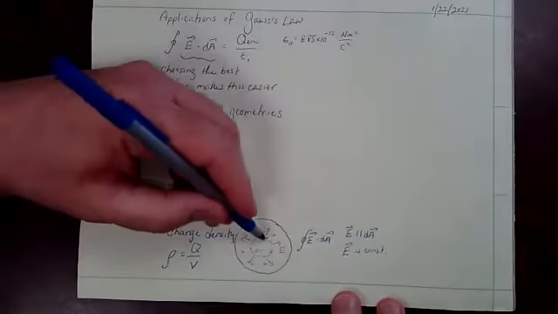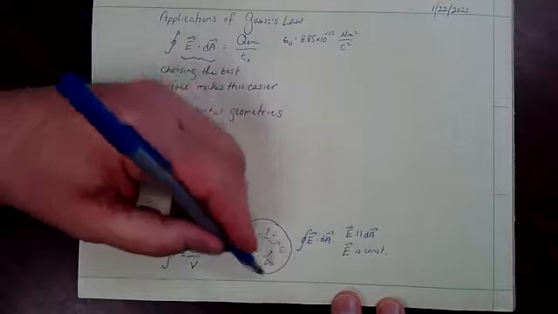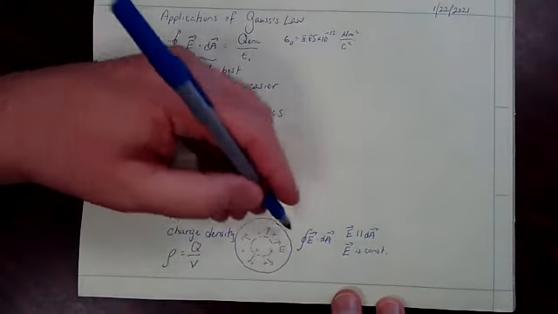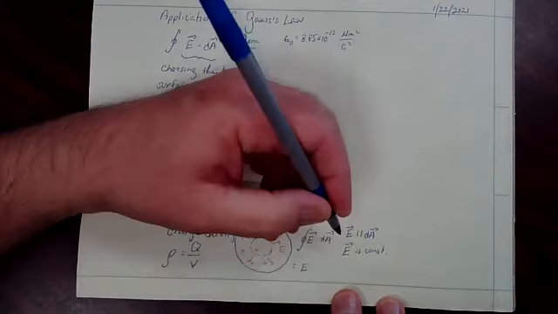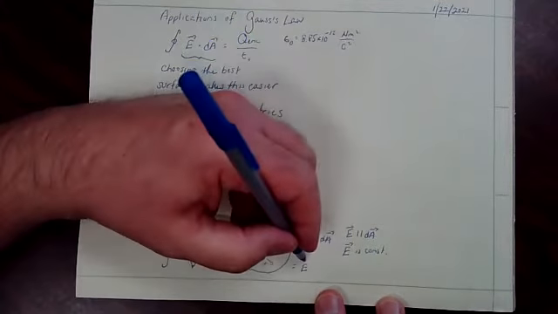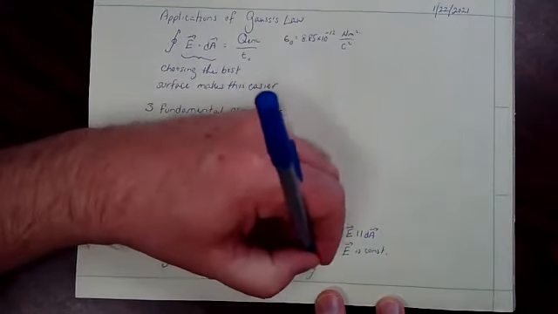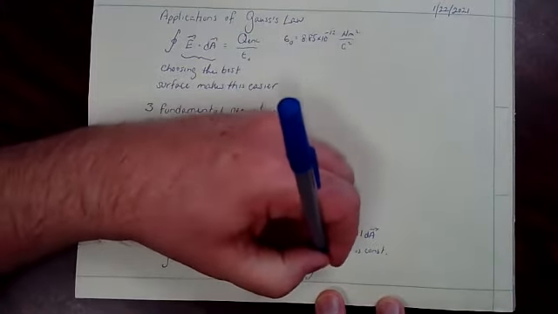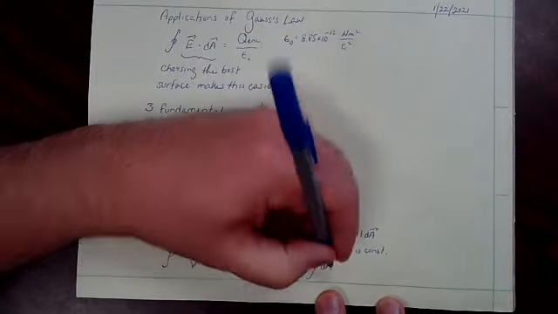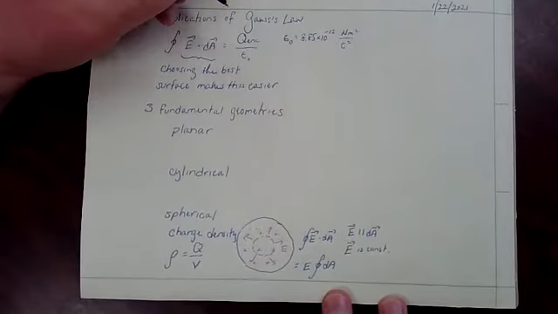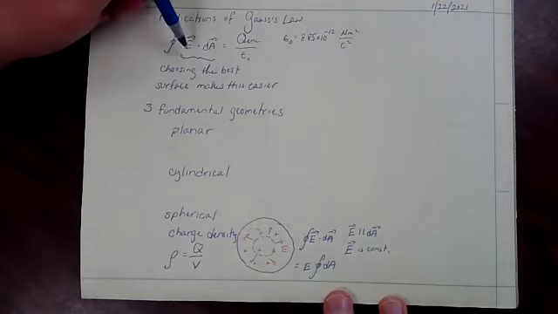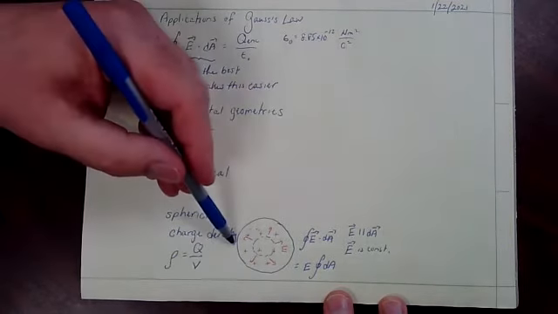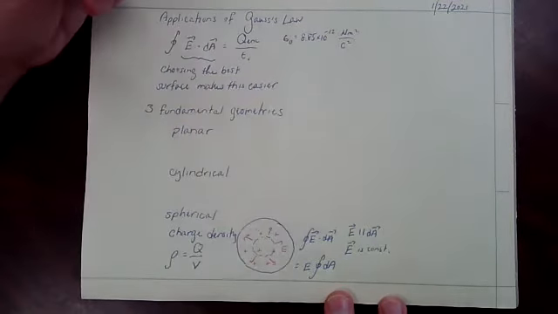So with this choice of a Gaussian surface that matches up with the geometry that we're dealing with, this integral becomes instead E comes out of the integral, and it's a scalar now, it's not a vector. And then we're just doing a closed integral over the area of a sphere, which we know how to do. So initially this looks pretty scary, but if you choose the right Gaussian surface, it's actually a piece of cake.